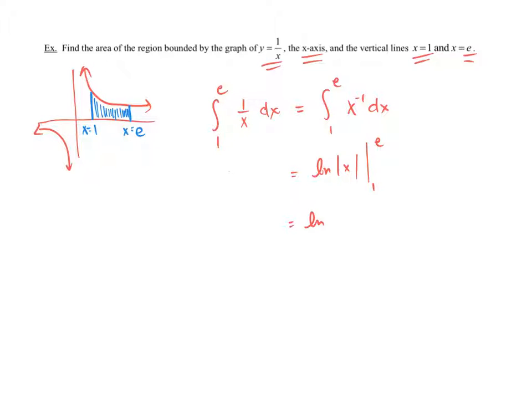So this will equal the natural log of the upper bound, which is e, minus the natural log of the lower bound, which is 1. Knowing some things about logarithms, I know that natural log of e is 1, minus the natural log of 1, which is 0. And the final answer to this question would be 1.